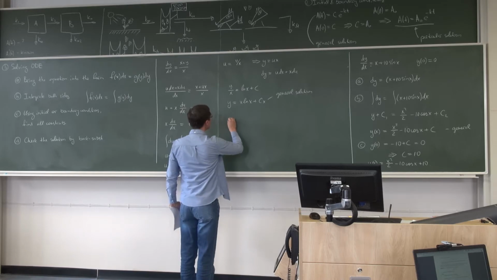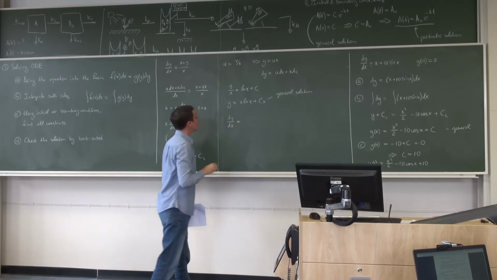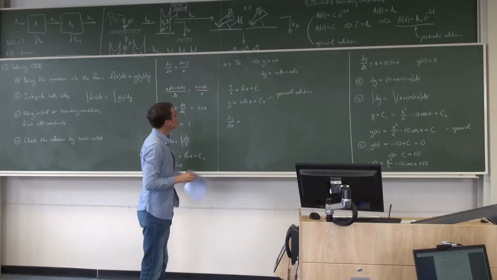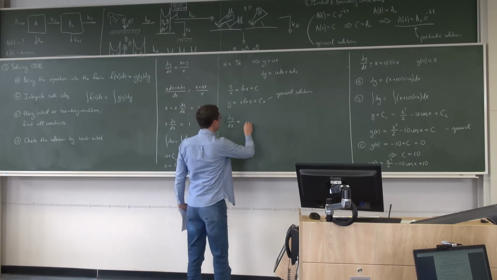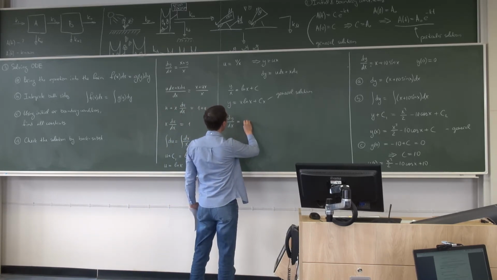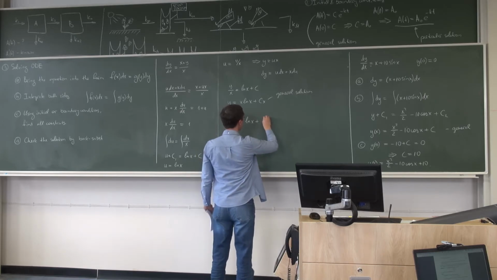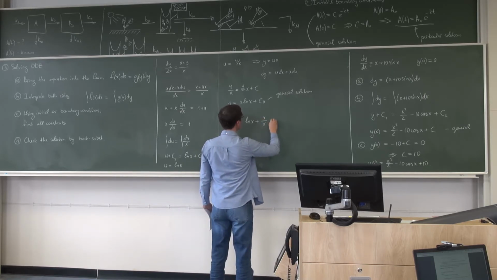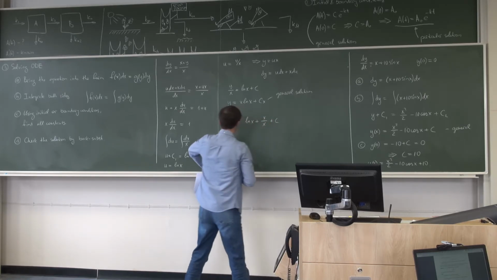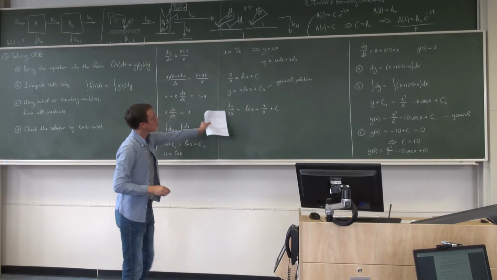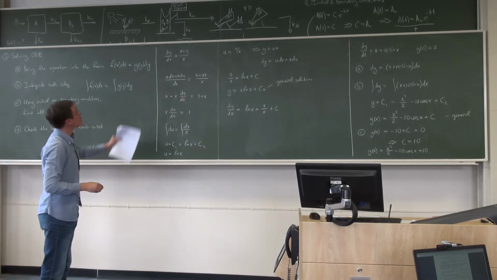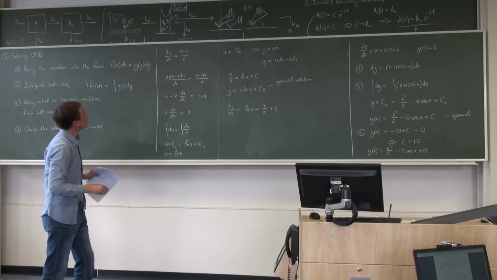So dy by dx will be equal to, well, we have the product rule, so we will have log x plus x over x plus c. So we have substituted that back into there.